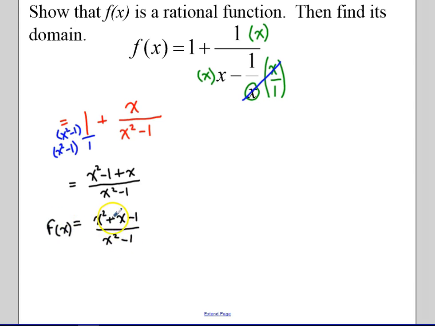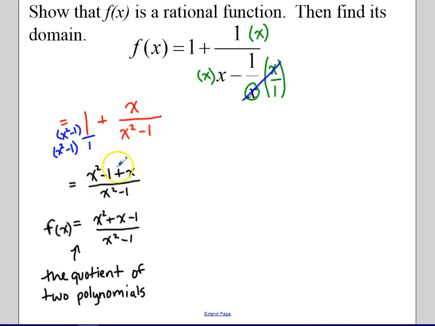Okay, so we've done it. We've shown that, in fact, f of x is the quotient of two polynomials. And now we just need to find the function's domain. The domain of the function is all values that don't make this undefined.